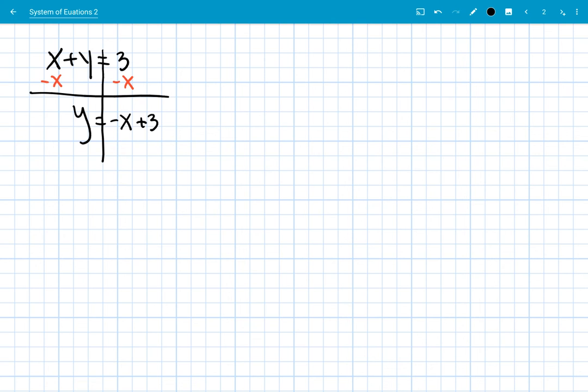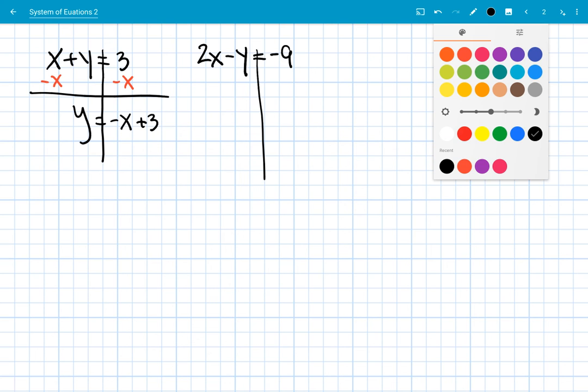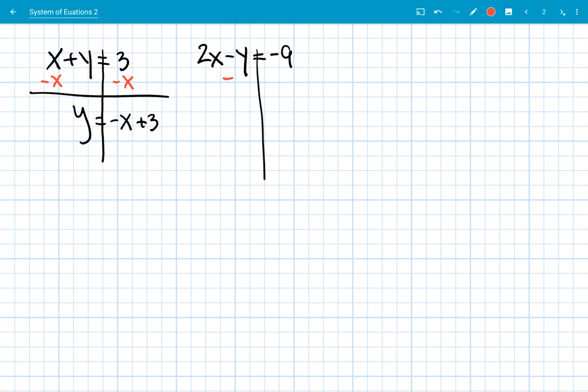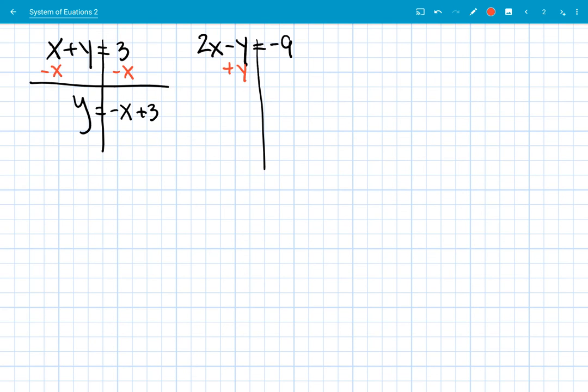The other equation, which I didn't write down yet, is also not in the right form. It's 2x minus y equals negative 9. So I have to fix this one too. I'm going to do this a little differently. I'm going to add the y so that it's a positive y term.